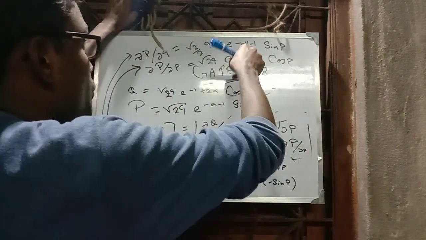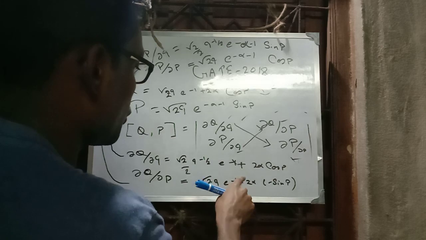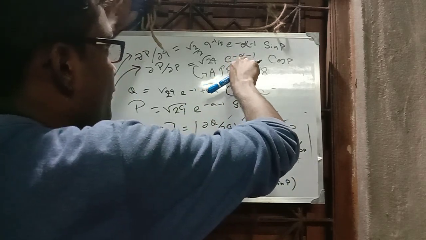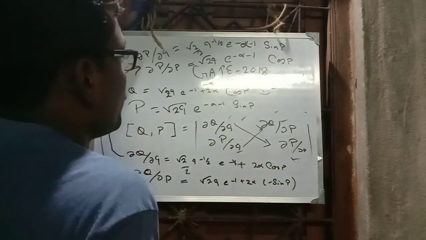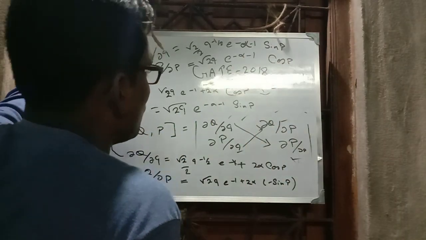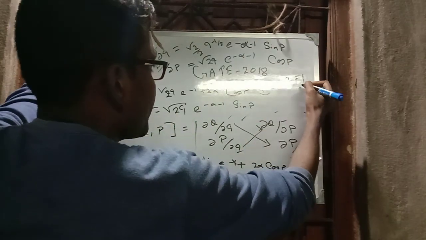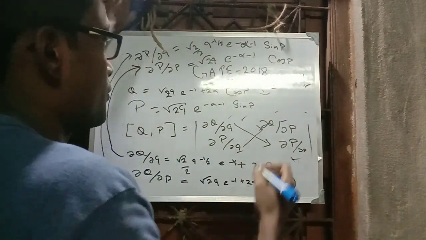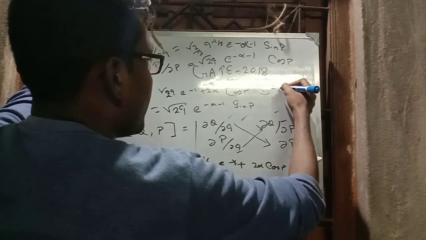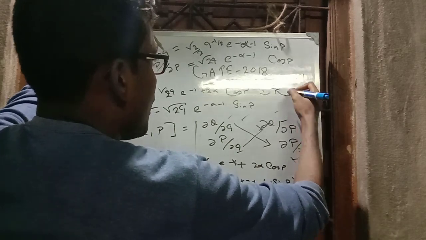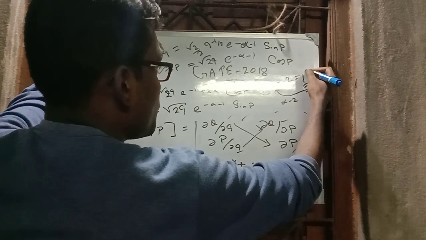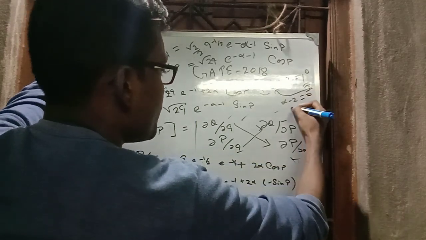That means e^(-1+2α-α-1), you would get e^(α-2) equal to 1. As the transformation is canonical, the result is 1. So by comparing, α-2 is 1 to the power 0, that means α-2 equal to 0, that means α equal to 2.